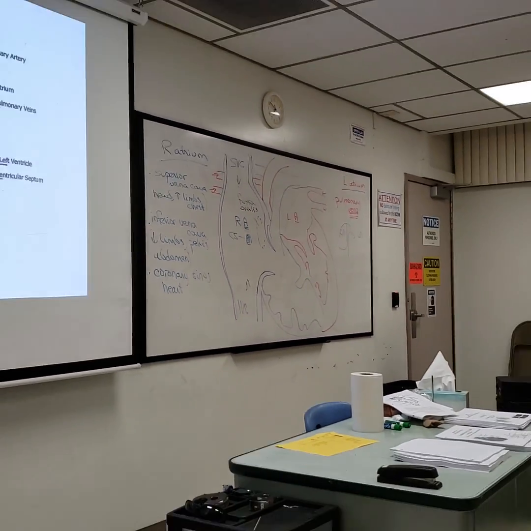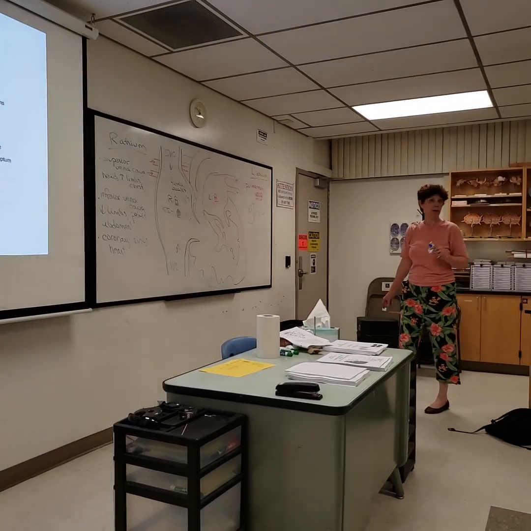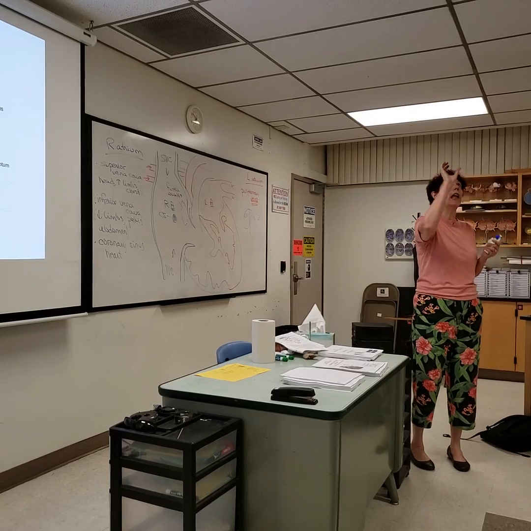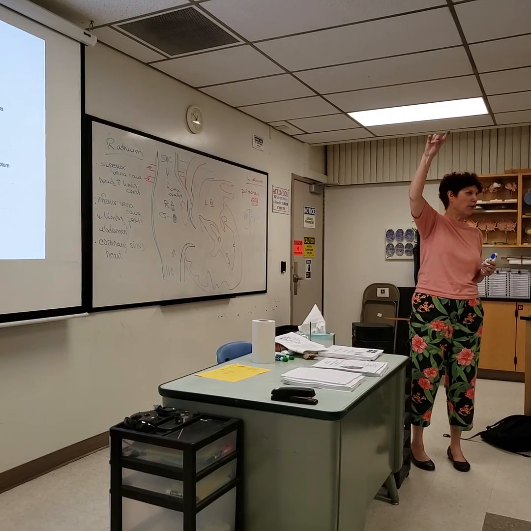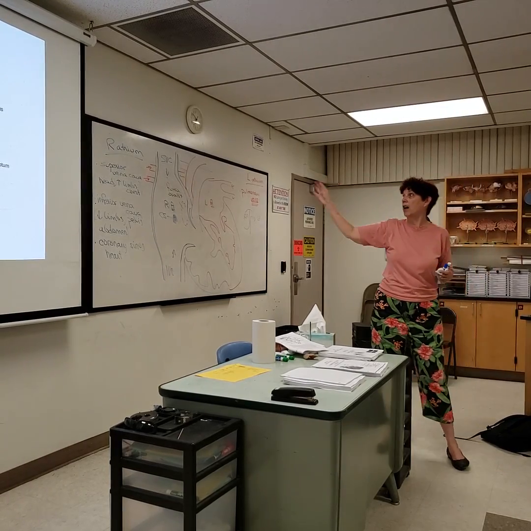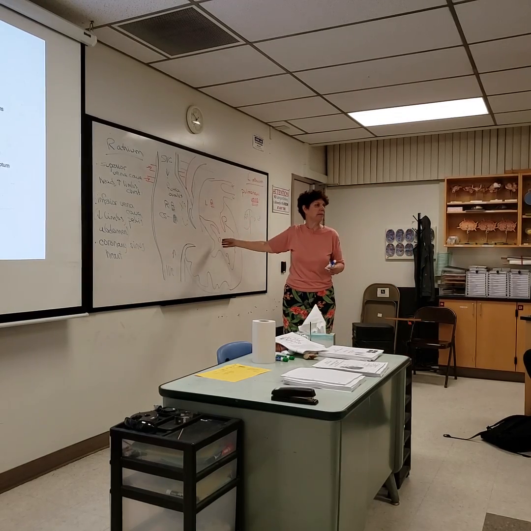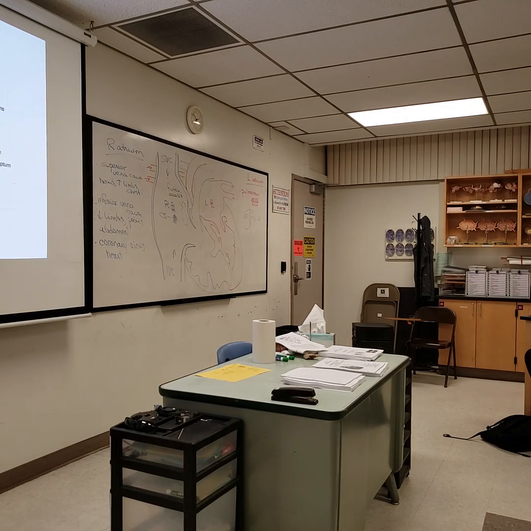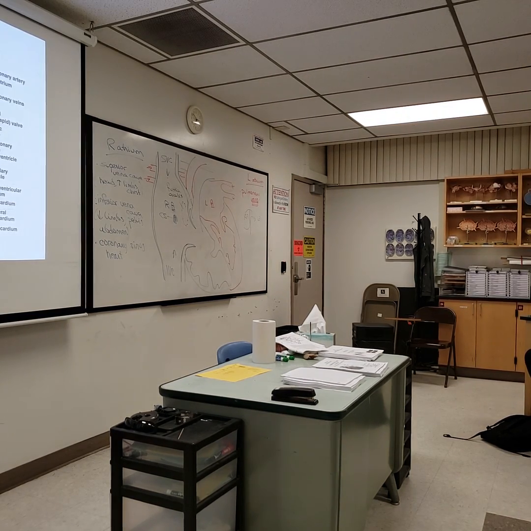Okay. On those plasticized hearts going around, you can actually see it. If you take the larger half of the heart and hold it up to the light, you can see an oval thin region in the wall between the right atrium and the left atrium. Okay. On the sheep heart, sometimes you can feel it, but it's nearly impossible to see.